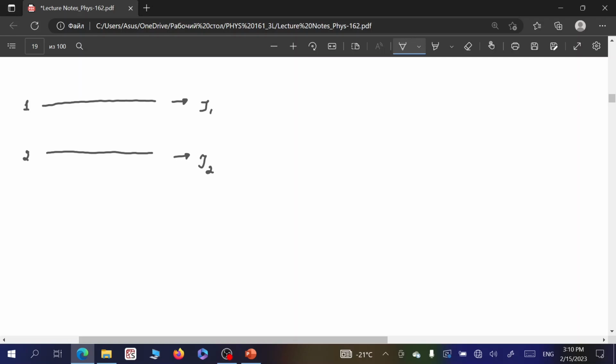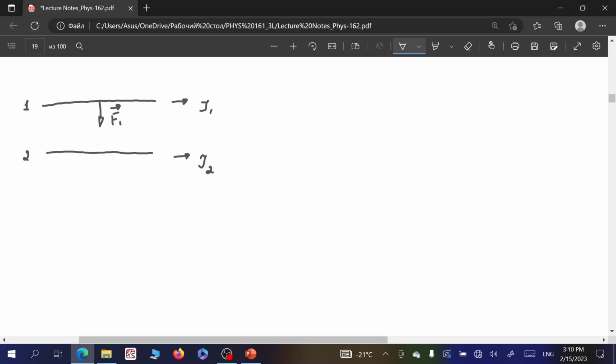Then let us determine what force F1 is exerted on the first conductor from the second conductor, because of the magnetic field created by the second conductor.